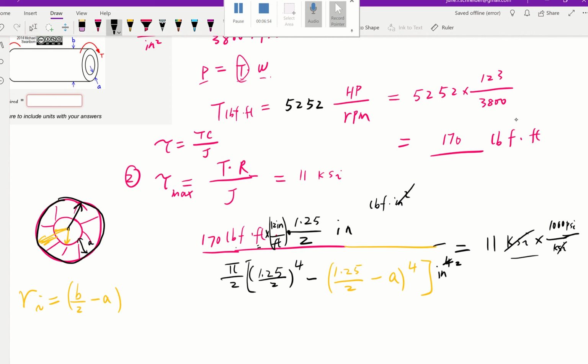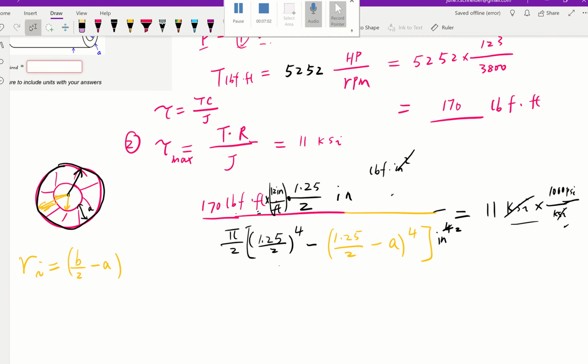If you know this is a constant, and this is a constant, then simplifying gives you some kind of coefficient. Here I'm just giving you a random number: 2 times, for example, 0.625 minus A to the 4th gives you a value equal to some constant, say 3, or just 1.5.